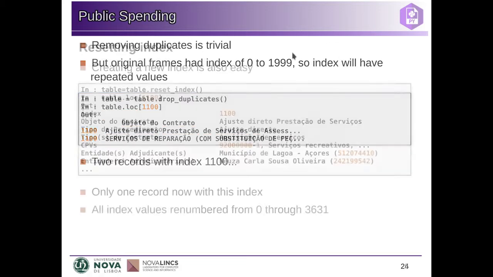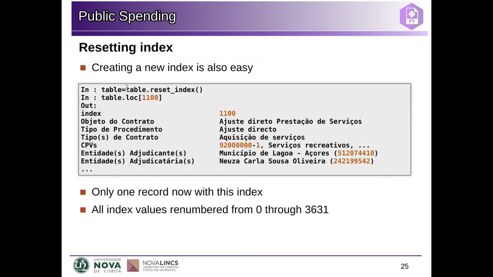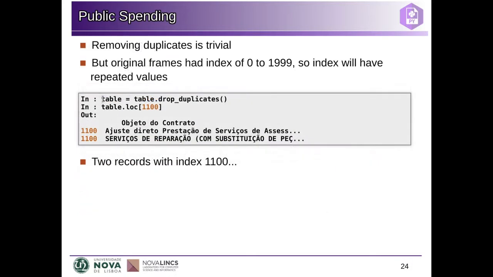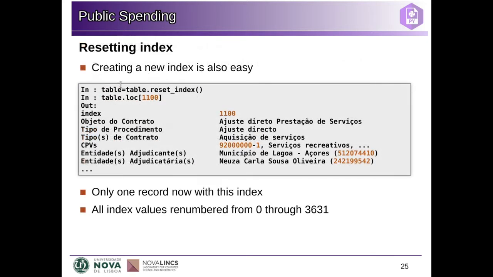So if we want to actually keep changing our table, either we add an argument there to do the transformation in place, or we place the result of this operation back into the same variable. That's why I'm doing table equals table.drop_duplicates, so that I replace my original table with the table without duplicates, and the same thing with the table with the index reset.